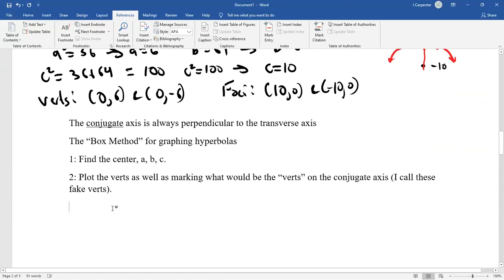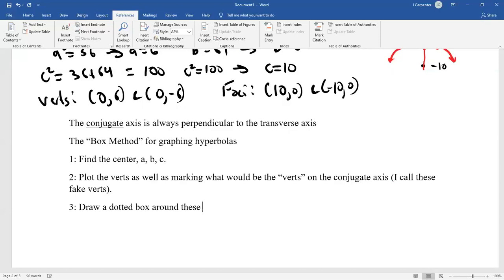Now what you're going to do is draw a dotted box around these 4 points, the actual verts and fake verts. Now, you want to make this a horizontal vertical box.